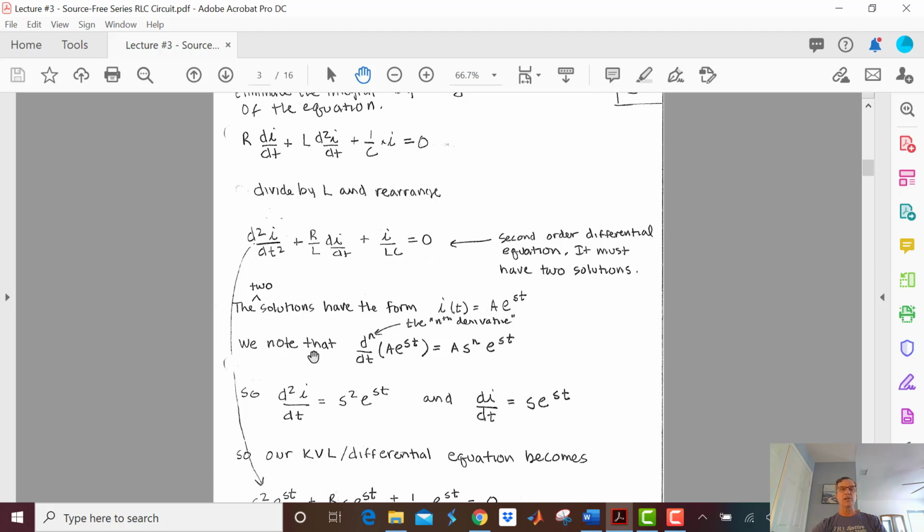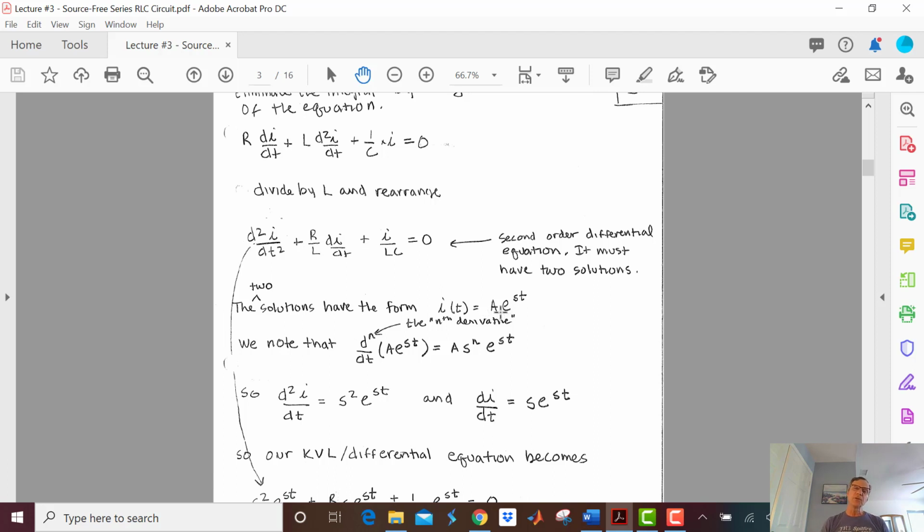And second of all, the solutions have the form i(t) equals A times e to the st. So that's the beauty that we're left with by some real smart people. There are two equations, and the equations have this form.